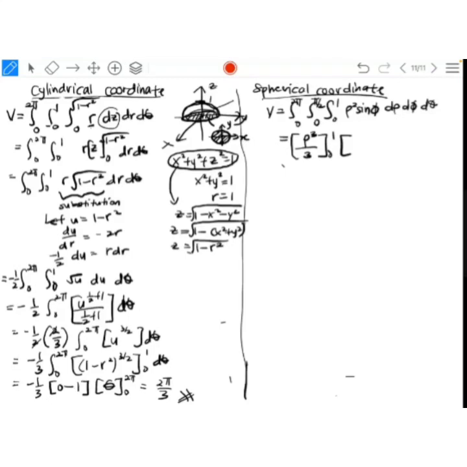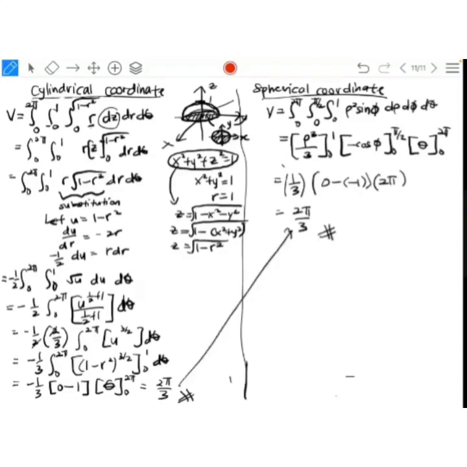The sin phi will be negative cos phi from 0 until pi over 2. And then theta will be theta from 0 until 2 pi. So 1/3. Cos pi over 2 is 0, right? So 0 minus negative 1, and then 2 pi. So you will have 2 pi over 3.